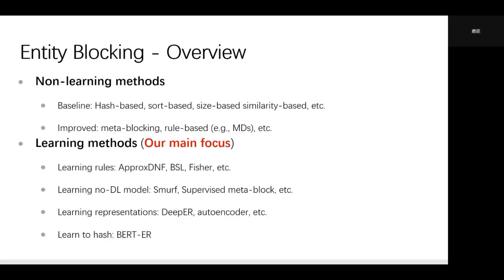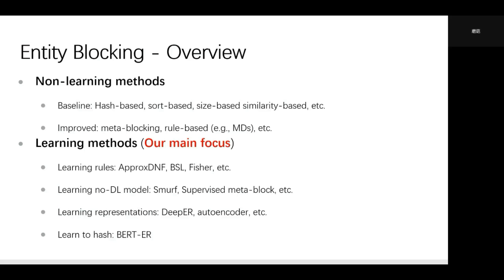The second category is the learning methods, which are our main focus. The setting is as follows. Given a set of labeled instances, we aim to learn some strategies for entity blocking.